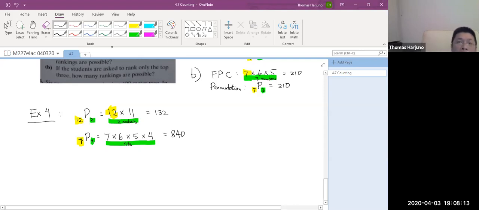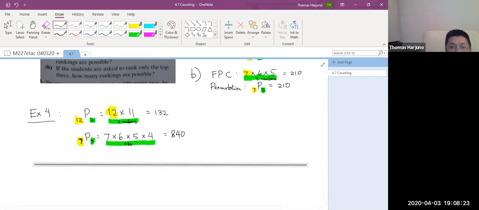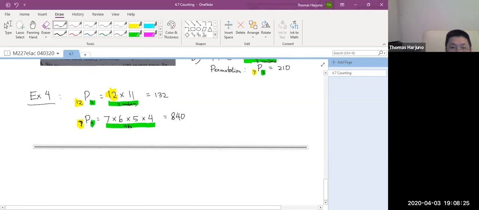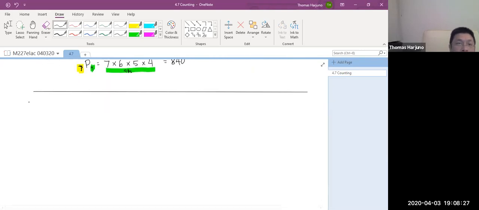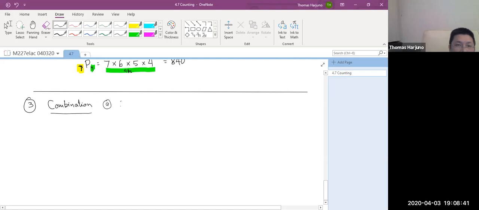Now, those are the easy parts. The hard part is actually the third one, when it comes to combination. What is combination? First, what is the situation? The situation is the same as the situation of permutation.